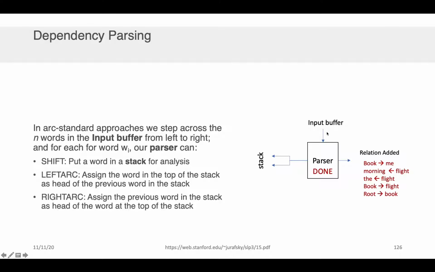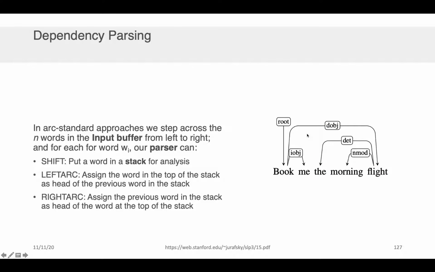This process, assuming that the parser is already trained, is what the standard arc approach is. Okay, so when you hear people refer to it, this is what they're referring to. Obviously, when you have that set of relationships that the parser outputs, that's what you use to draw the dependency graph that you see here.